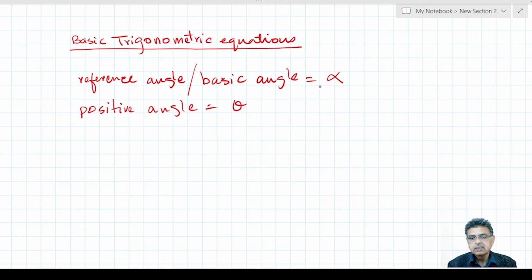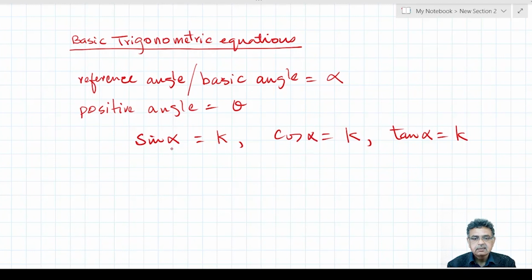It is not necessary always to be theta or alpha, but for the discussion, in order to have a difference between them, we will consider it like this. Now sine alpha equal to k, or cos alpha equal to that constant value, or tangent alpha equal to that constant value, then they are all positive. And the reason is that the reference angle or basic angle alpha is always an acute angle.